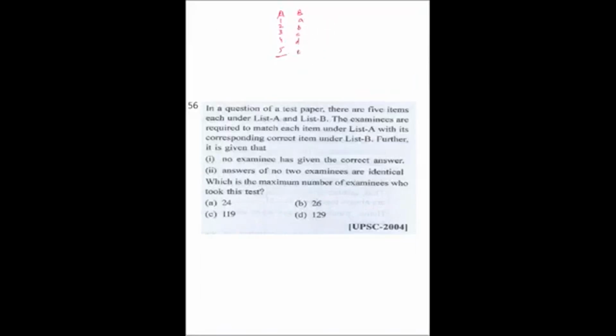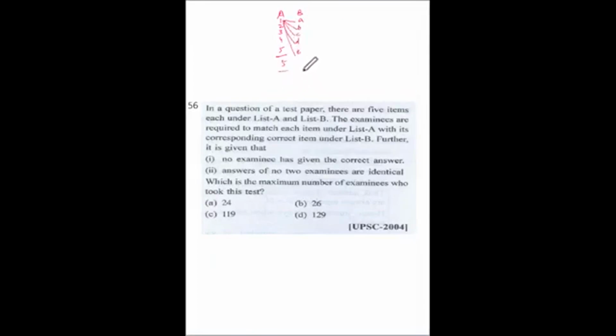No examinee has given the correct answer. It is given that no 2 examinees are identical. They haven't given the same answer. So here item number 1 can be joined with list B in 5 ways.